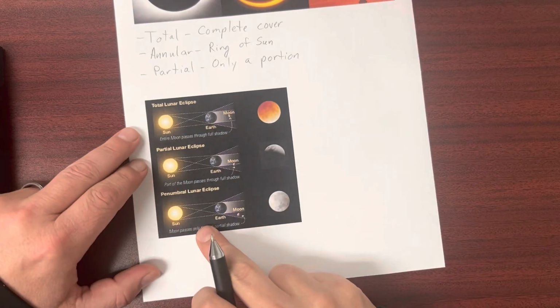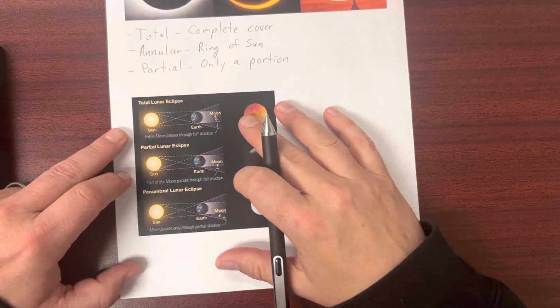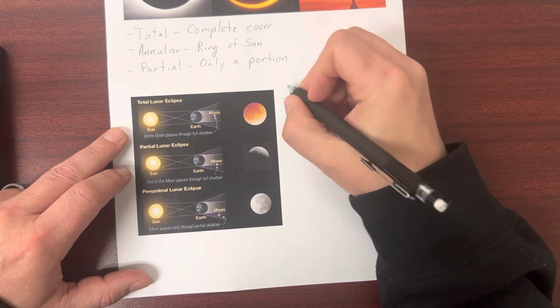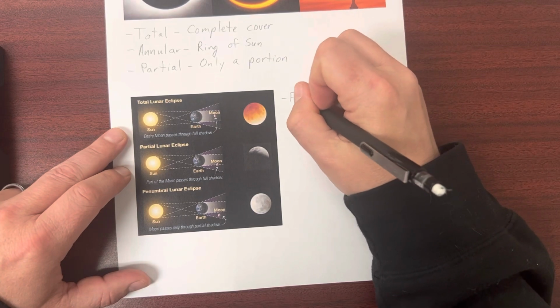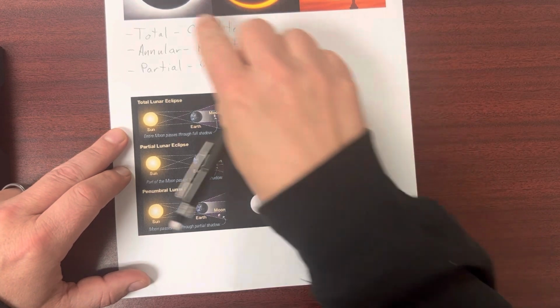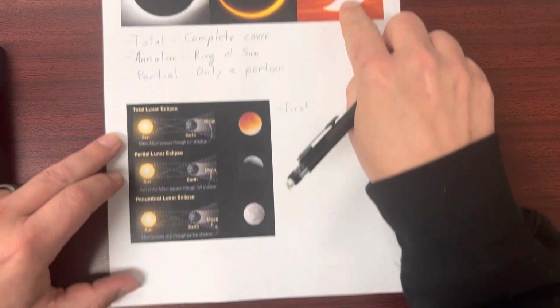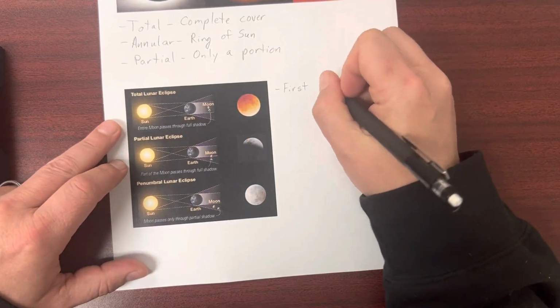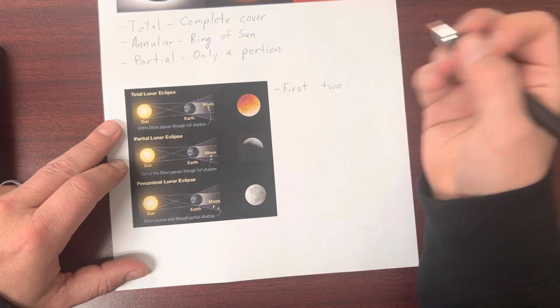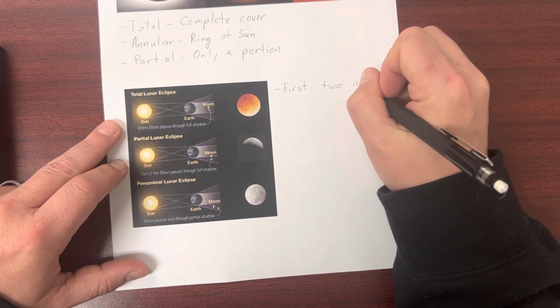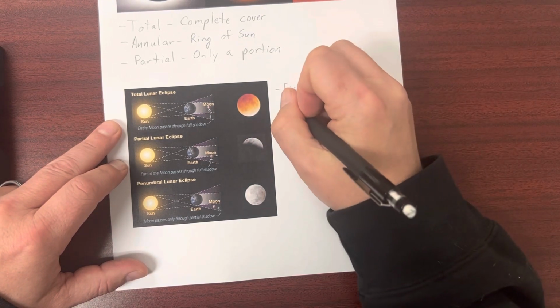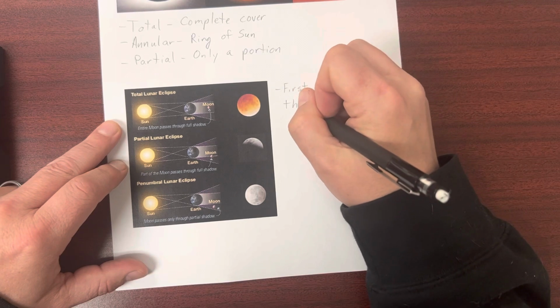Now, what about the lunar eclipses? So lunar eclipses, the first 2 types look pretty similar to the solar eclipses that we saw up here. In the lunar eclipse, the first 2 are called the same thing. There's a total lunar eclipse, and there is a partial lunar eclipse.